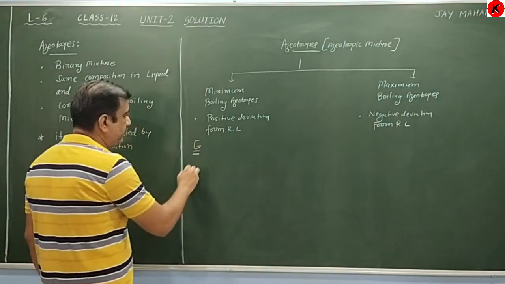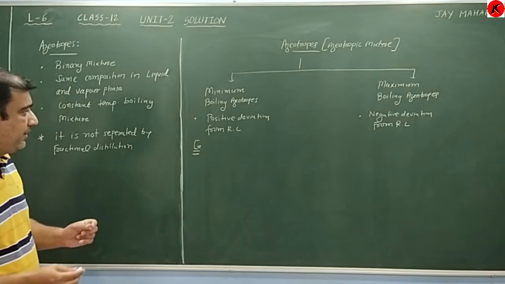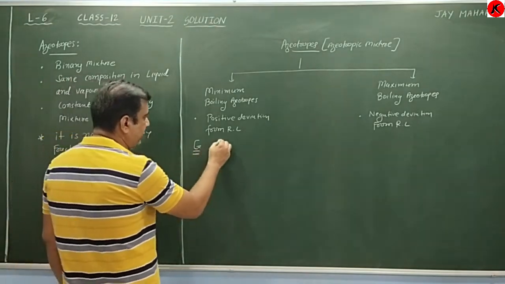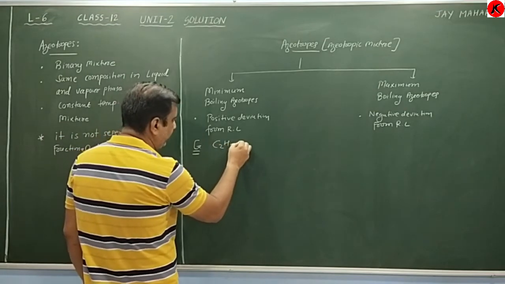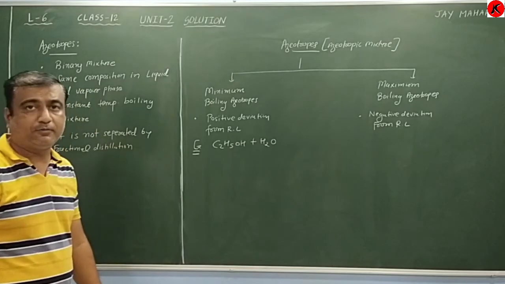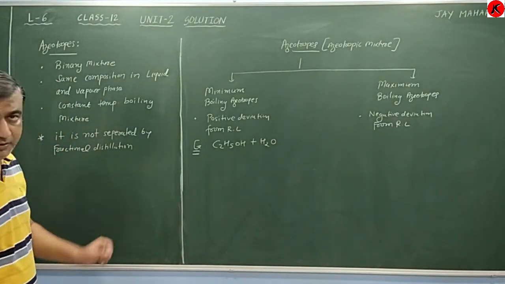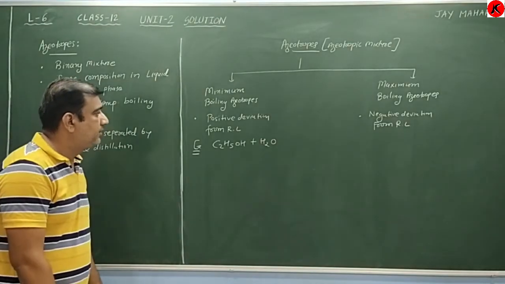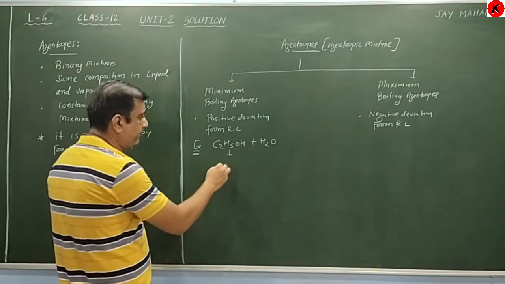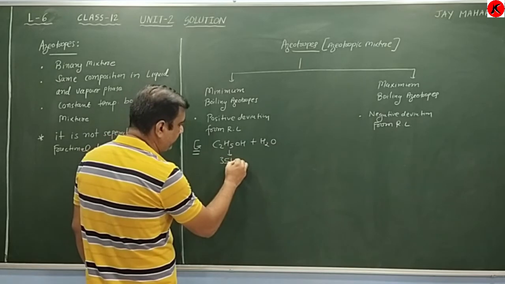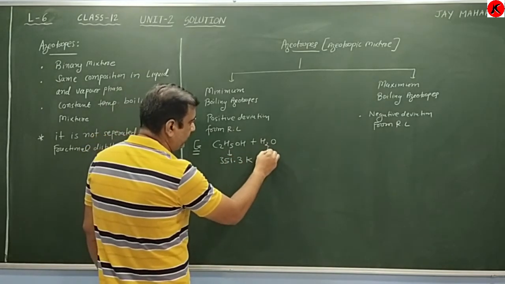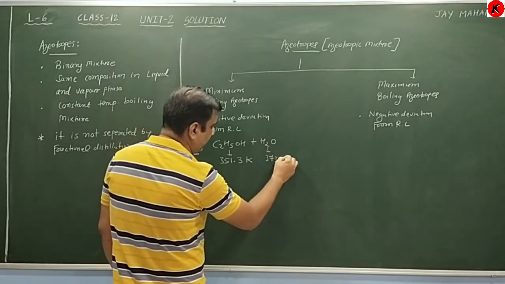Considering the example, we know very well one example of positive deviation from Raoult's law is ethanol plus water. They form a non-ideal solution with positive deviation from Raoult's law. Now ethanol has a boiling point of 351.3 Kelvin, while water has a boiling point of 373 Kelvin.